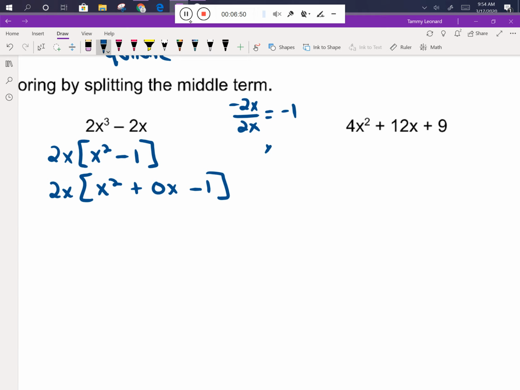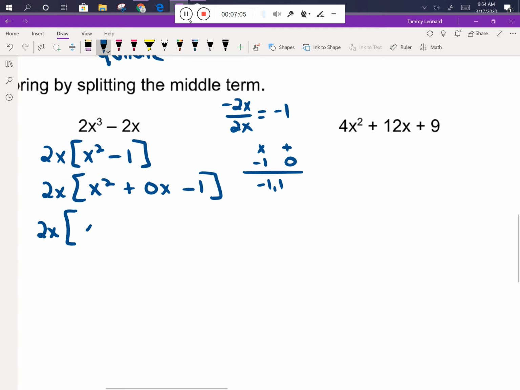I need 2 numbers that multiply to make negative 1 and add to make 0. Well, a negative 1 and a positive 1 would do that. So keeping the GCF on the outside of those big brackets, I can now split that middle term of 0x into 2 terms, x squared minus 1x plus 1x minus 1.